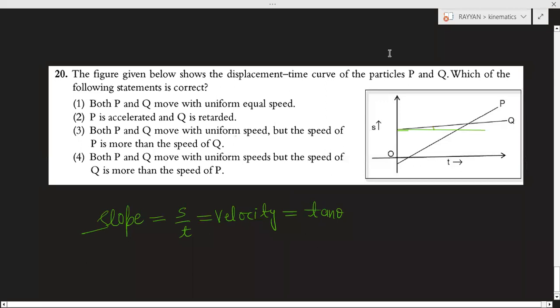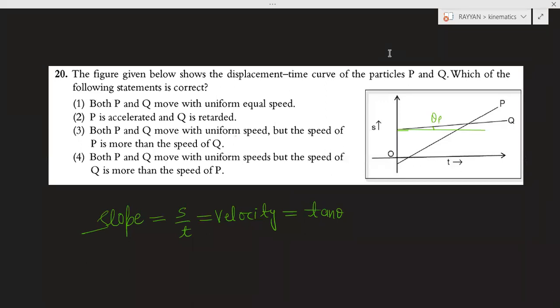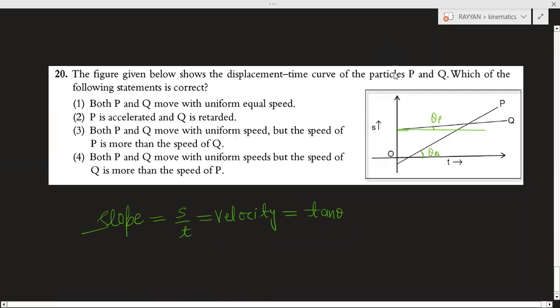Suppose this is angle theta p, and here there will be an angle theta q. Now can you tell me which angle will be greater, theta p or theta q? Theta q. Yes, this theta q will be greater than theta p.